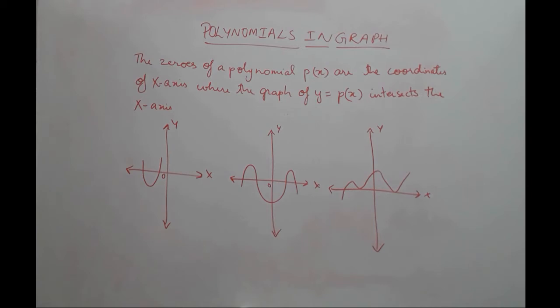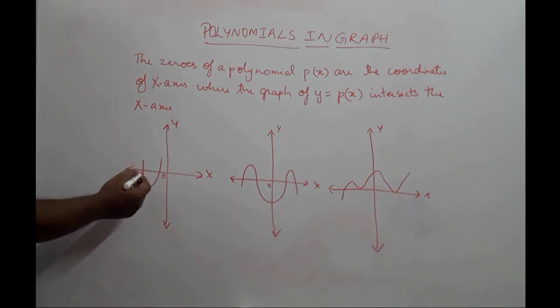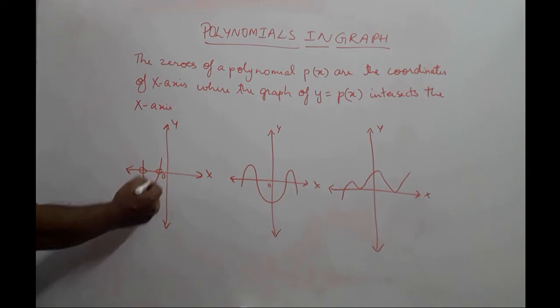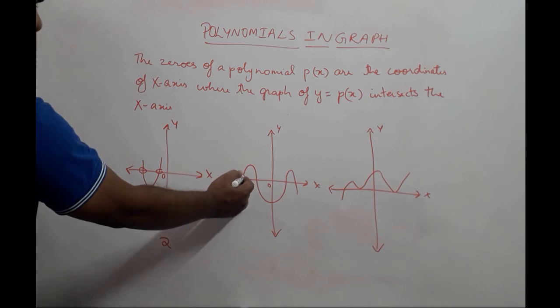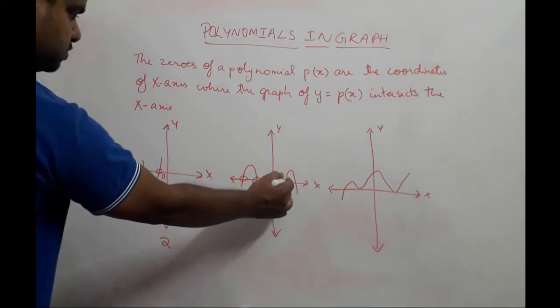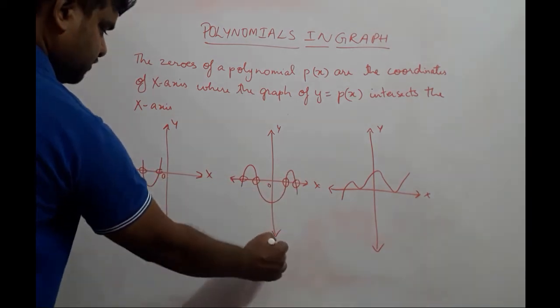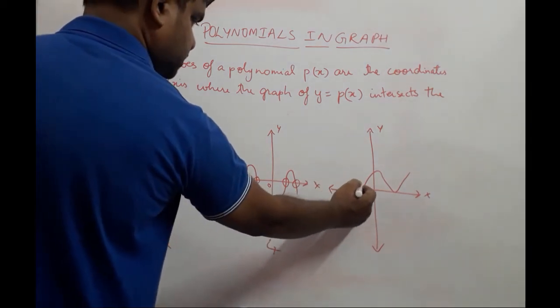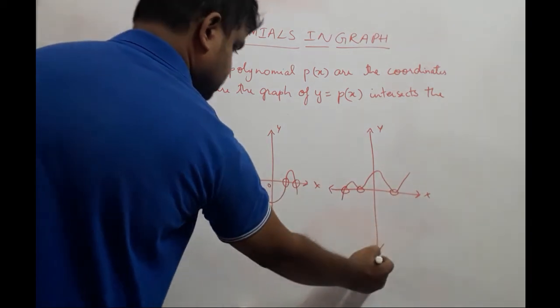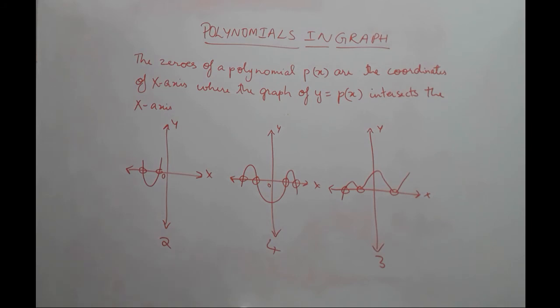In these 3 examples that we see now, in our first example, it cuts the x-axis at 2 points. This is the point of origin marked as O. So this will have 2 zeros. Whereas in this case, it crosses at 1, 2, 3 and 4. So this will have 4 zeros. And in this case, we have 1, then 2 and 3. So this will have 3 zeros. So understood?